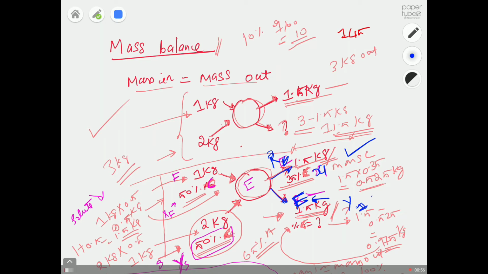So this is the correct notation. Yeah, so always try to remember that. A simple way to remember: R x and then E y. So don't forget: in the top you have raffinate, in the bottom you have extract, and the solute fraction in the raffinate side will be x1, and the solute fraction in the extract side will be y1.